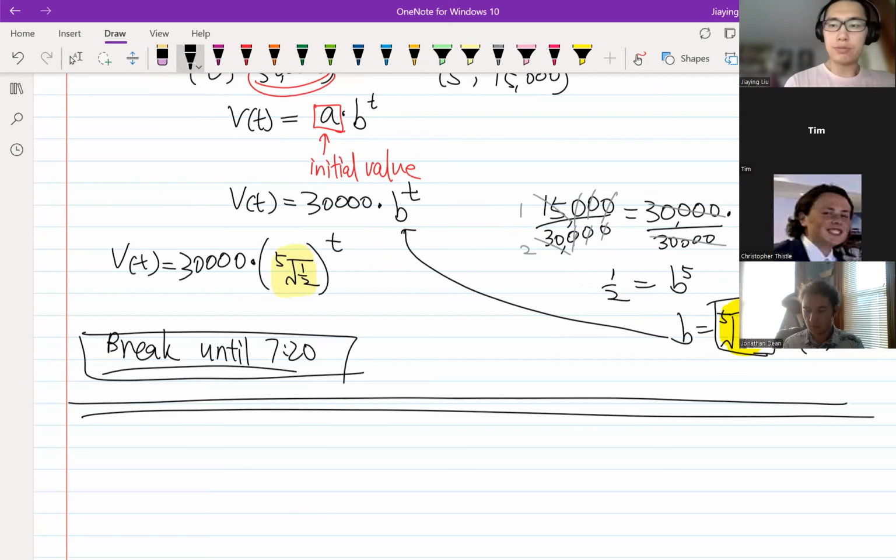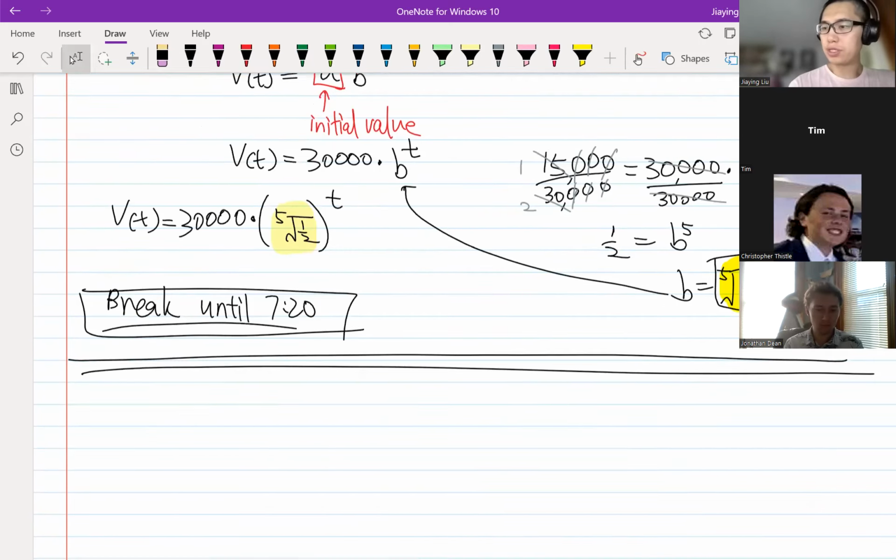All right, so now we're going to talk about compound interest and also the annual growth model. We talked about the general formula, which is f of x equals a b to the x.